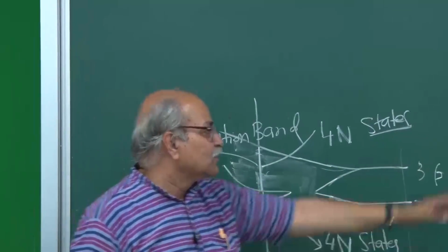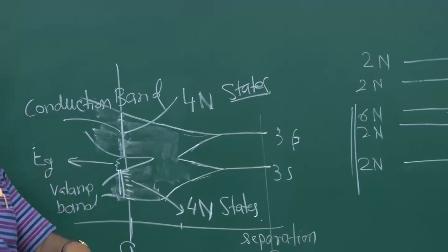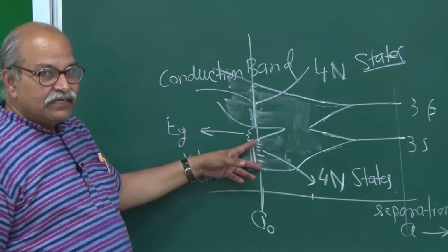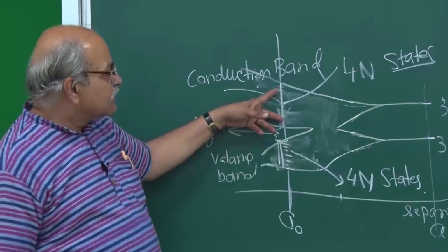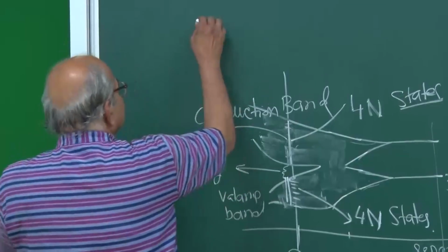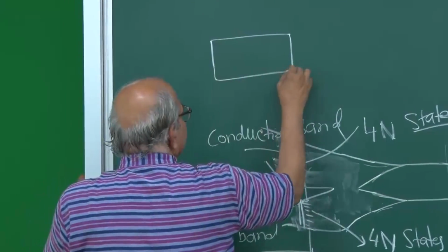S2p2 we started with, so 2n plus 2n, 4n electrons. So in ground state energy, these 4n states will be filled and these 4n states will be empty.